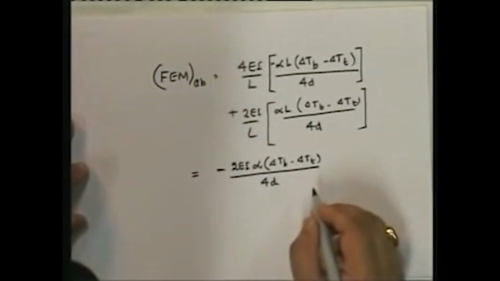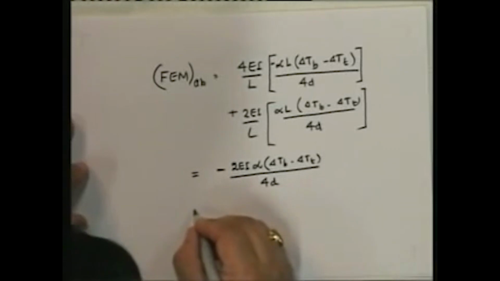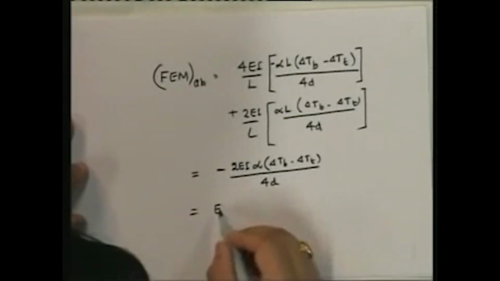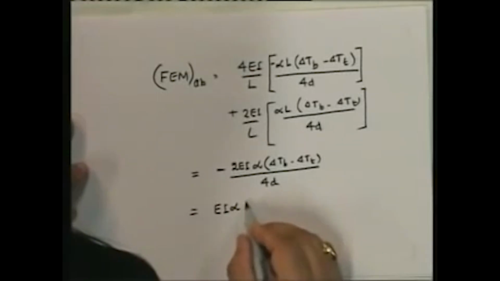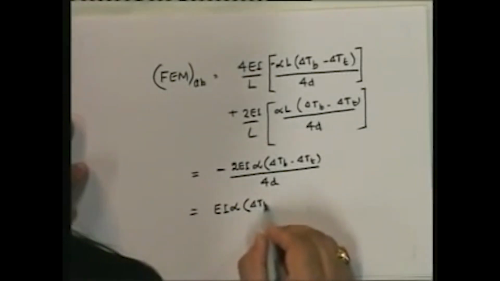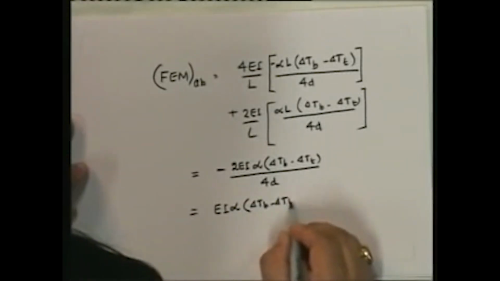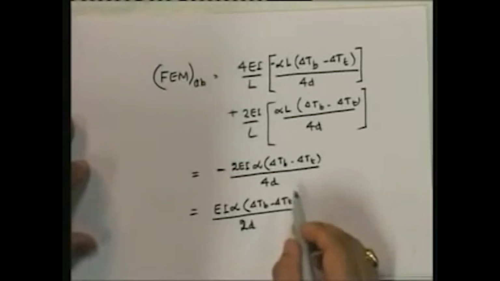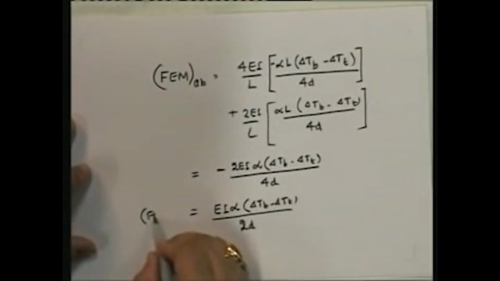Okay, so this will be equal to minus EI alpha delta T bottom minus delta T top upon 2d. Let us look, that is my fixed end moment at AB.